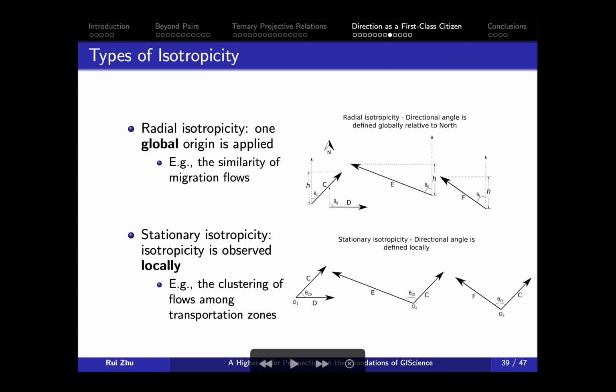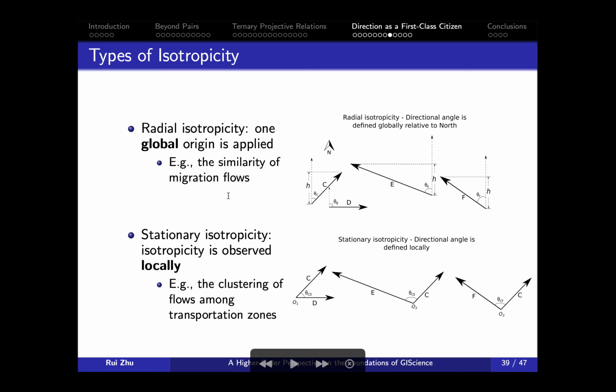In addition, there are in fact two types of isotropicity. One is the radial isotropicity, where a global origin is applied, and another is the stationary isotropicity, where the origin is defined locally. In fact, these two describe very different and complementary directional information.